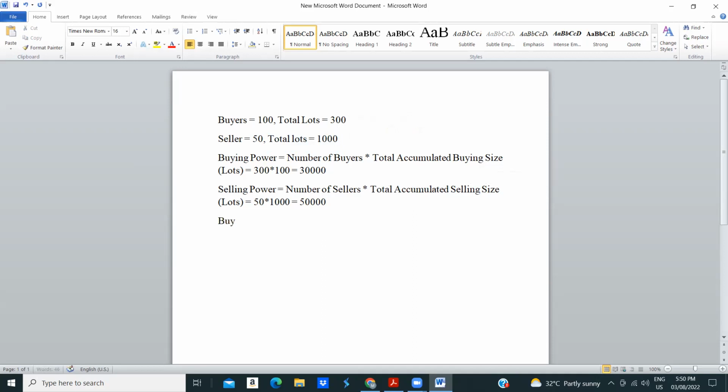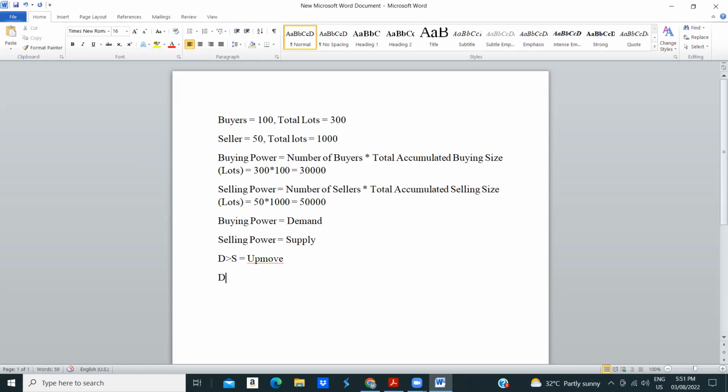Which one is greater, buying power or selling power? Selling power. So buying power is equal to demand, and selling power is equal to supply. With this formula, when demand is greater than supply, price moves up.